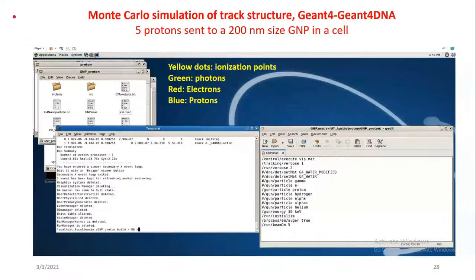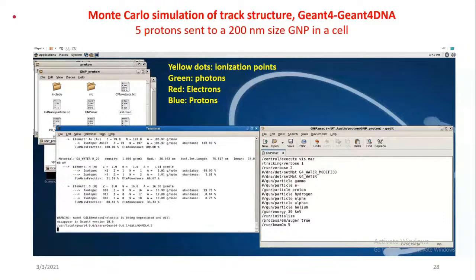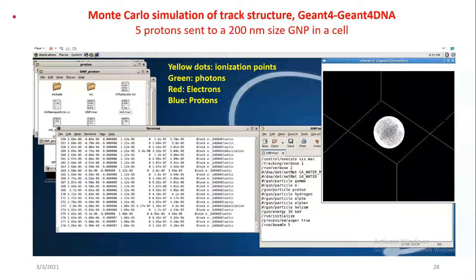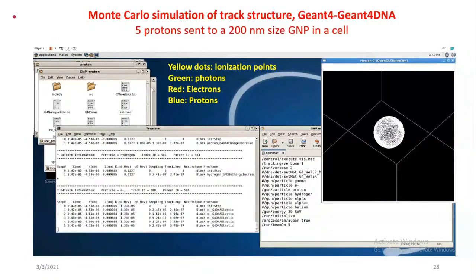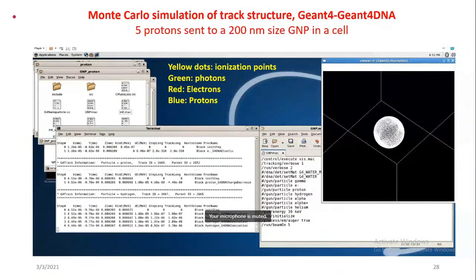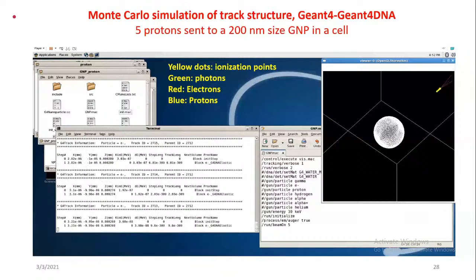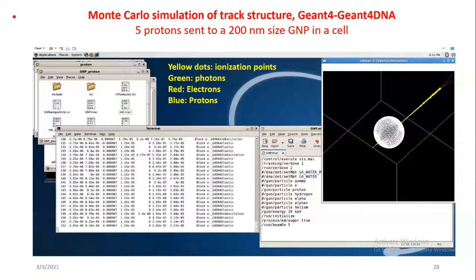And this is a character of the electrons. The next video shows the track structure of the proton. Because protons carry a mass 2,000 times more than the mass of electrons, they have much less lateral scattering.